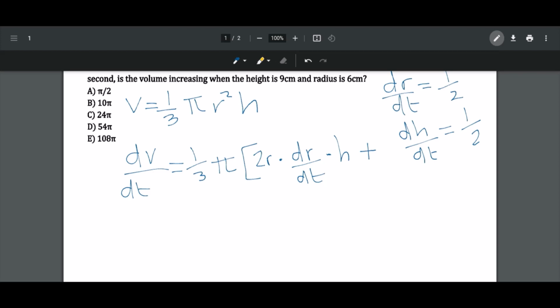The derivative of h is dh over dt. So it will be r squared times dh over dt. We close the bracket.